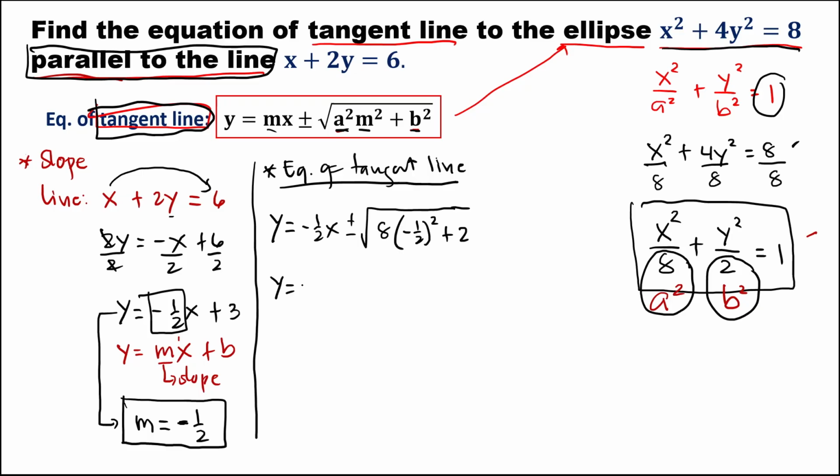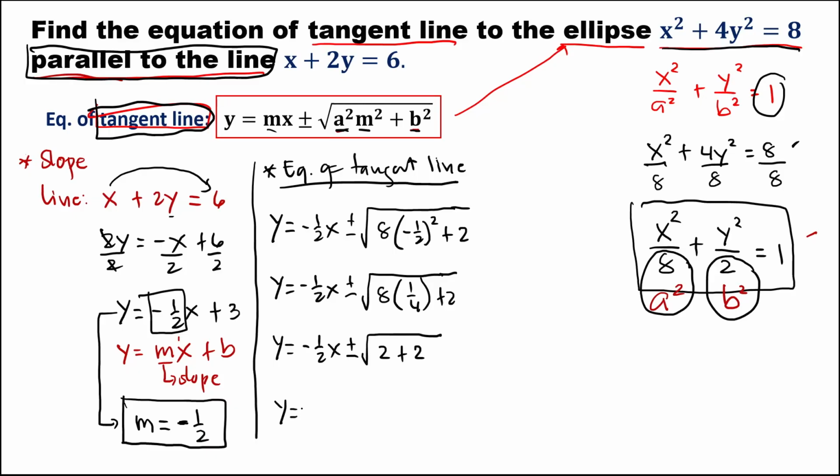Then to simplify, negative 1 half x plus or minus the square root of 8 times negative 1 half to the power 2, which is 1/4, plus 2. Or y equals negative 1 half x plus or minus, so 8 divided by 4 is 2, then plus 2. Then y equals negative 1 half x plus or minus the square root of 4.